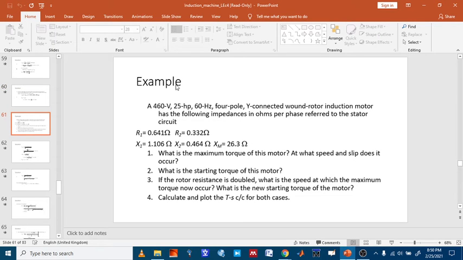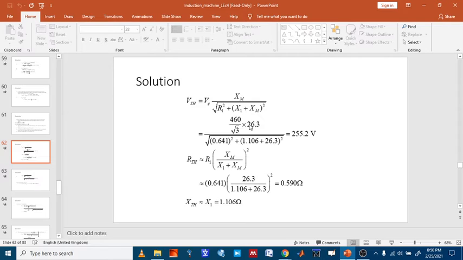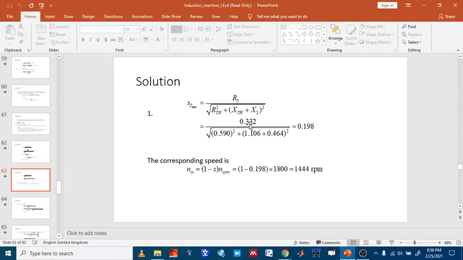How many poles? This is 60 hertz, 4 pole. So 120 times 60 over 4. You calculate the synchronous speed: 120 by 60 over 4 gives 1800 RPM. Get it?